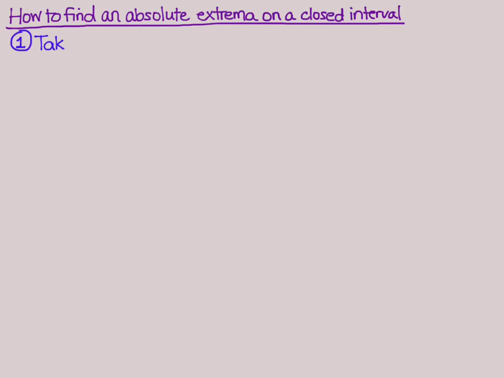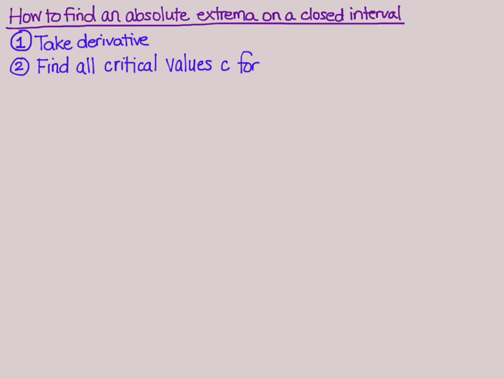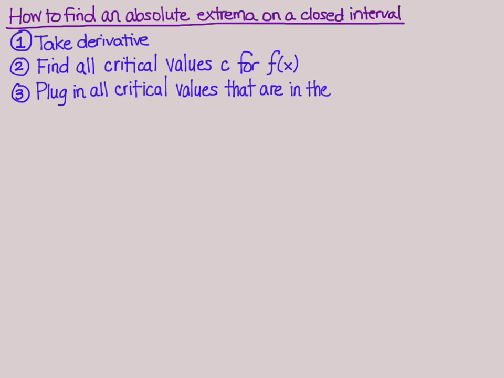So how do we find absolute extrema on a closed interval? Well, step 1, we want to take the derivative in order to find our critical points. Step 2 and 3 involve taking those critical values and plugging them in to find the y values at those points.